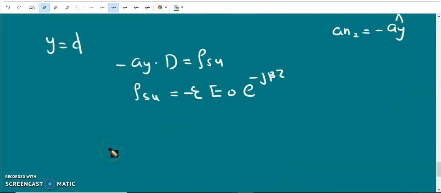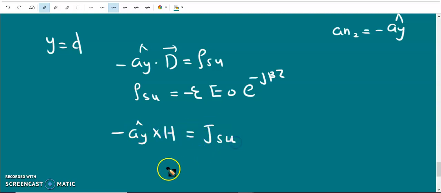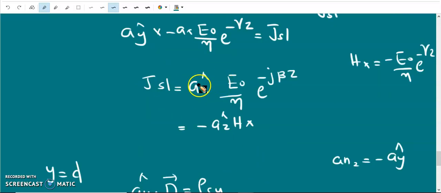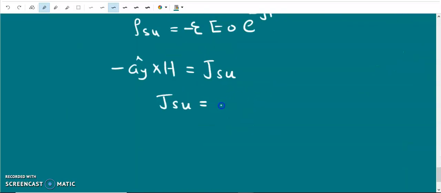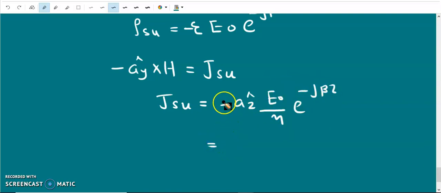And similarly, minus ay cross H is equal to JsU, or we can write JsU is equal to, so you can do the same procedure, but there is a change in sign over here. So we have minus az cap E0 by eta e to the power minus j beta z. So in terms of Hx, it can be written as az cap Hx.